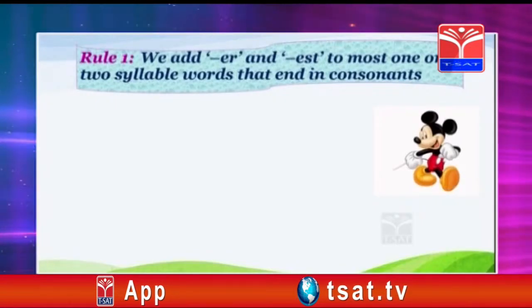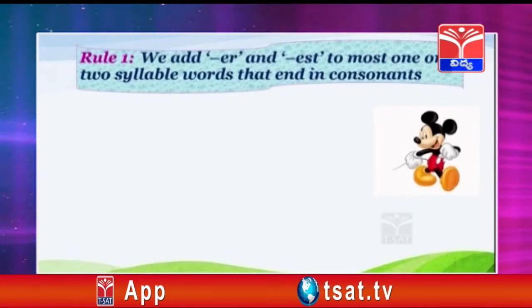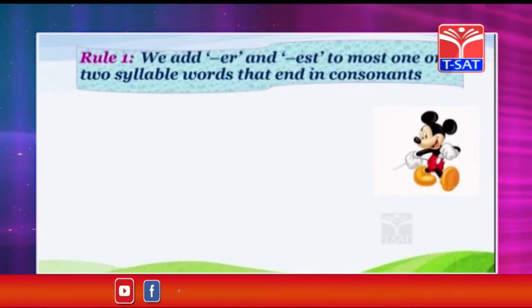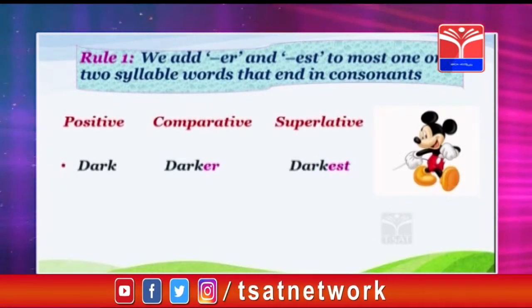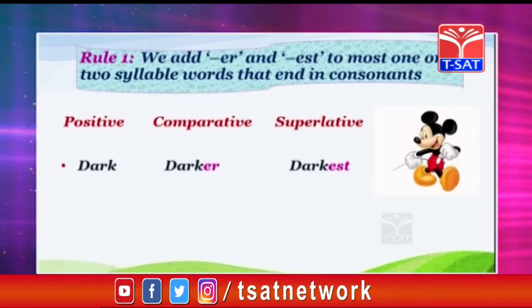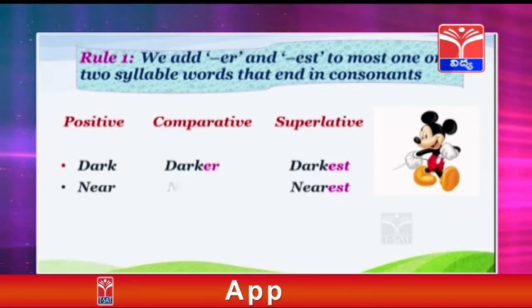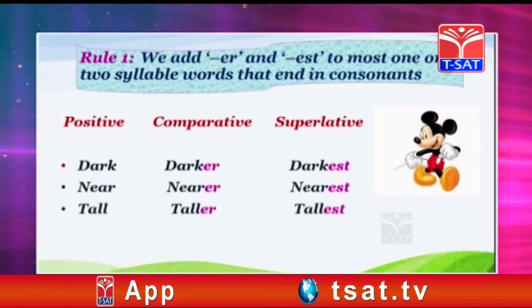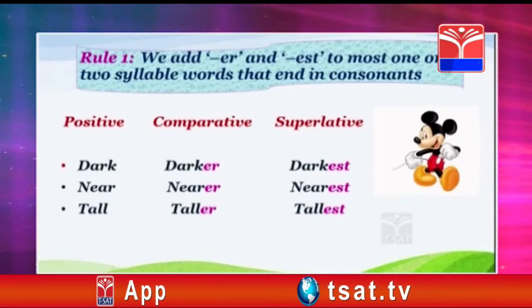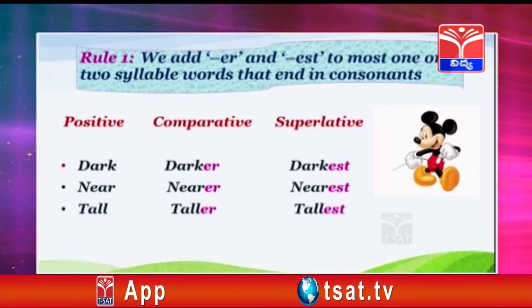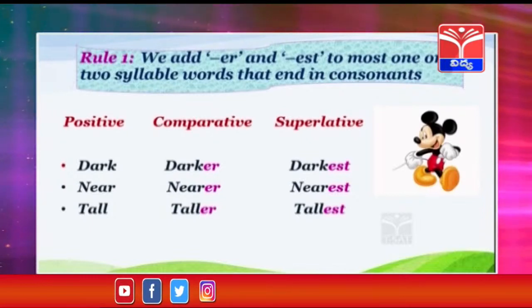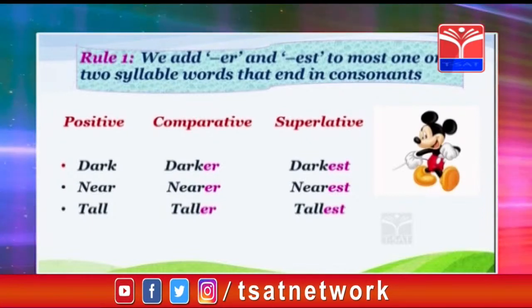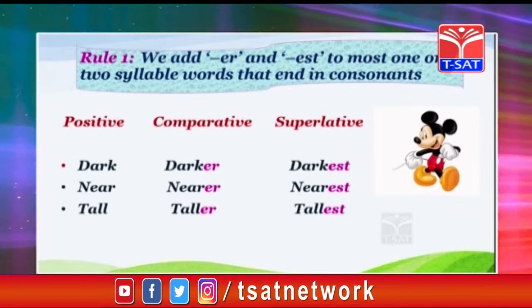Here we are with rule number 1. Normally, we add ER and EST to most one or two syllable words that end in consonants. Like, if the word in the positive degree is dark, in the comparative degree it becomes darker, and in the superlative degree it becomes the darkest.